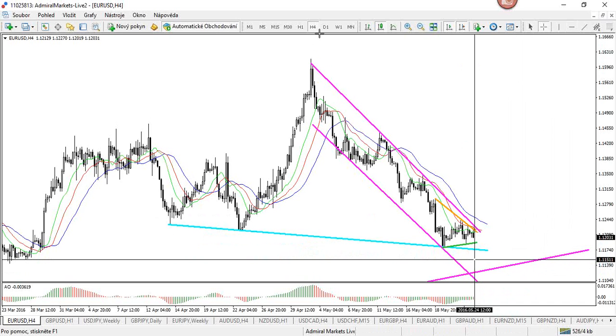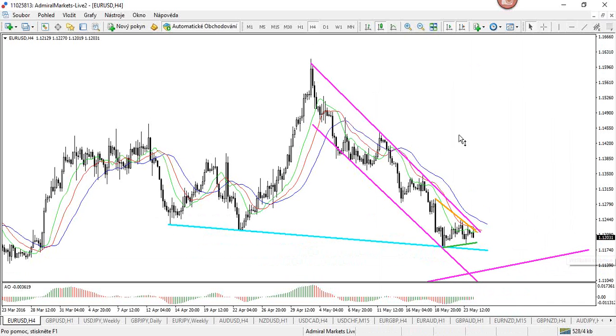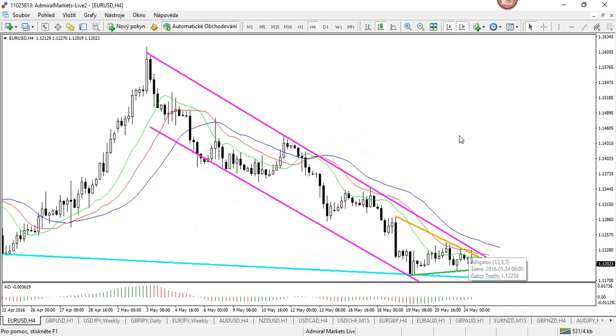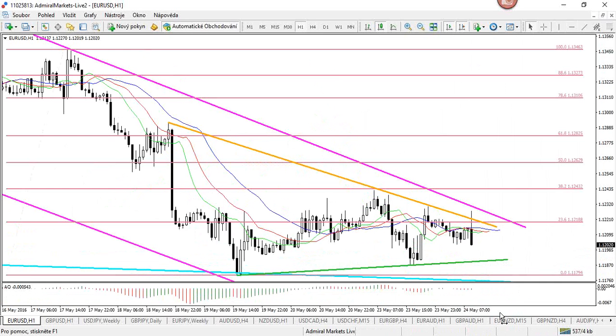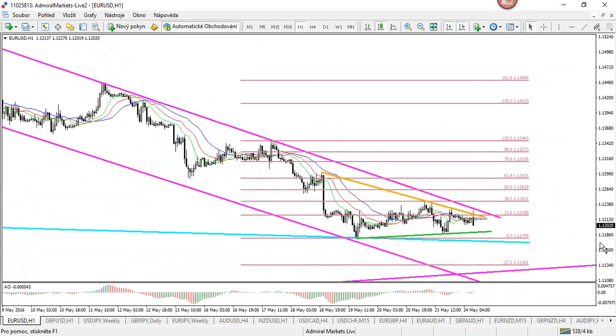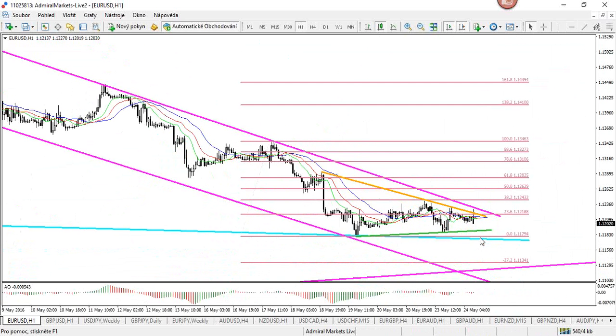So what I would have to see for a break to the downside, if this triangle were to break later today or tomorrow, is probably an hour candle close below it like this, with a decent strong close near the low.